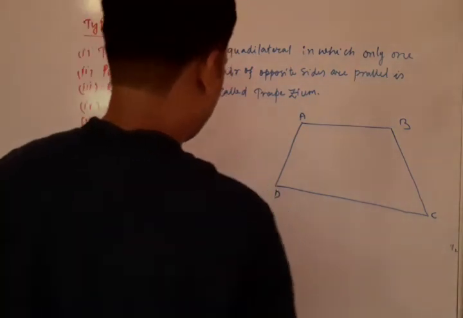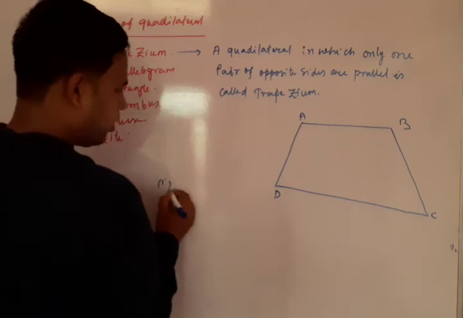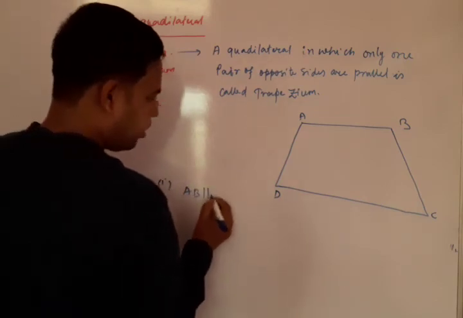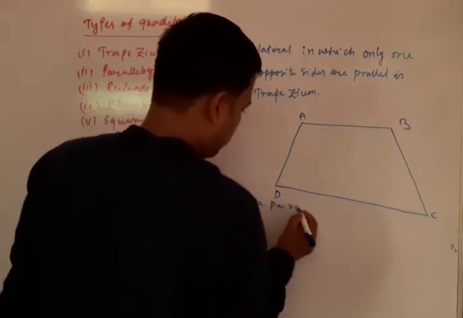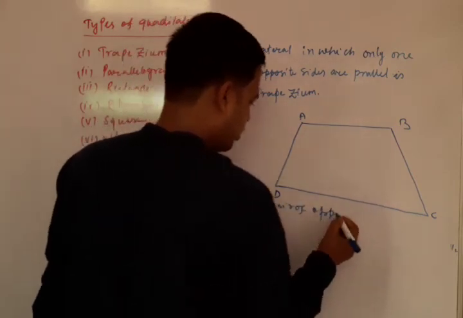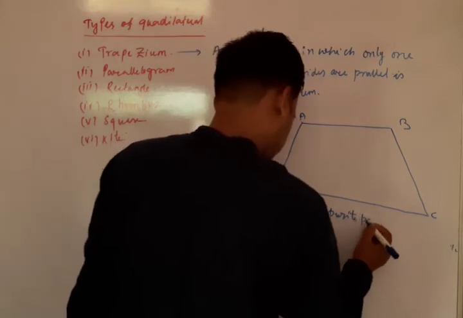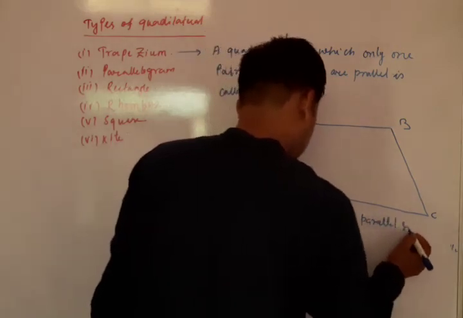Now see, first here AB is parallel to DC: one pair of opposite parallel sides.